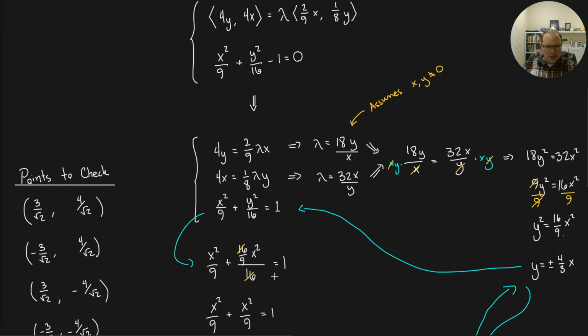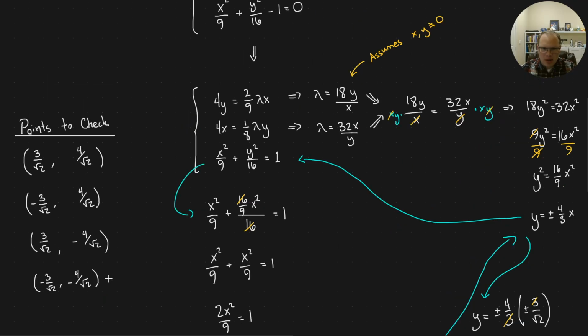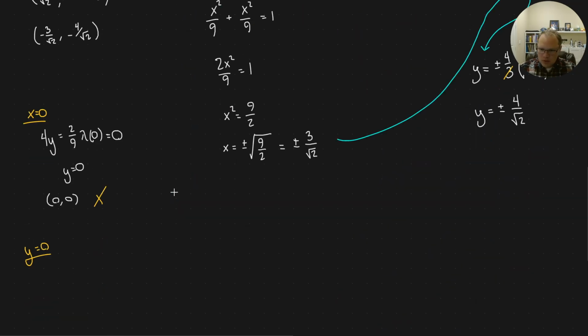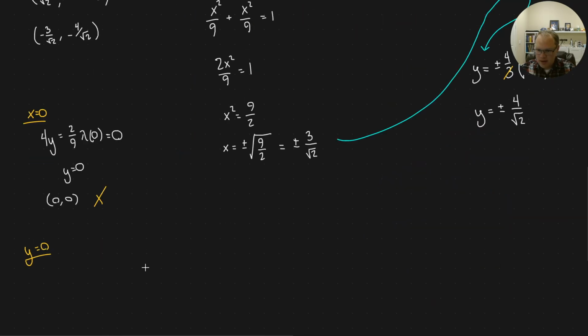So what about the case where y equals 0? We've only looked at the case where x equals 0. If y equals 0, it's much the same situation. I'll look at this equation, because if y equals 0, it gets rid of this complicated side, so it wipes out the most. If y equals 0, what's the equation again? 4x plus 1 equals 1/8 lambda times my y of 0.